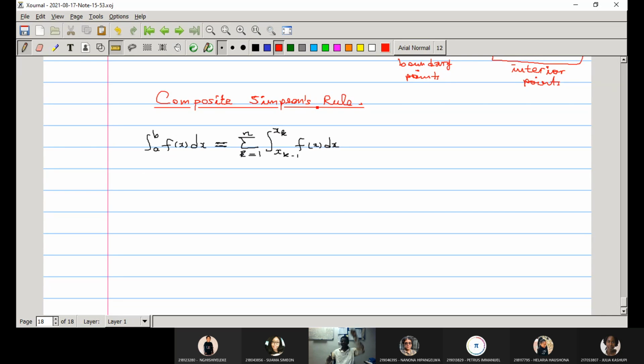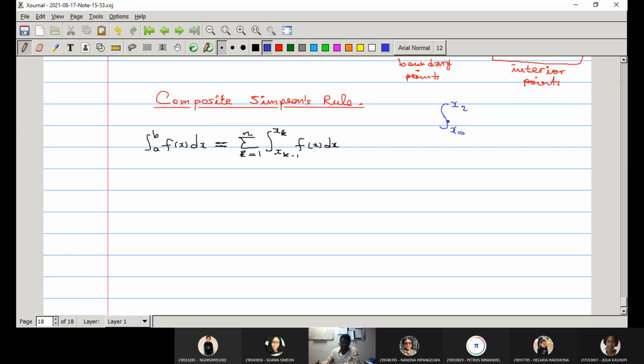Great. But remember that originally for the Simpson rule, we took an interval from x0 to x2.